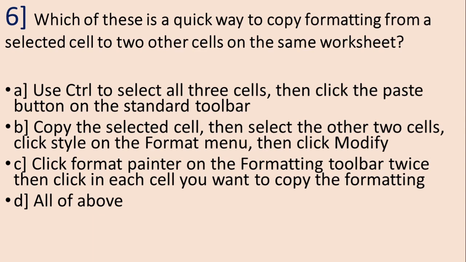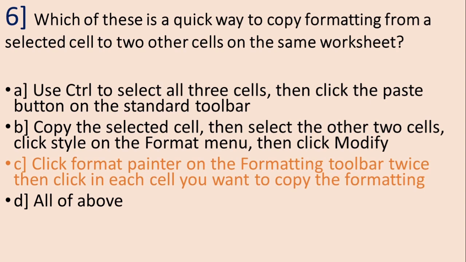Option C, click Format Painter on the Formatting toolbar twice, then click in each cell you want to copy the formatting. Option D, all of the above. The correct answer is C, that is click Format Painter on the formatting toolbar twice, then click in each cell you want to copy the formatting.